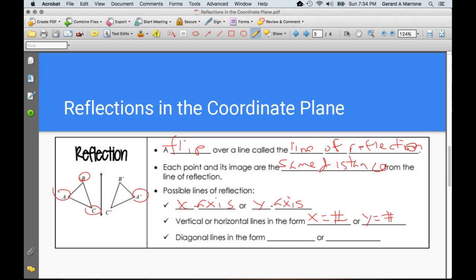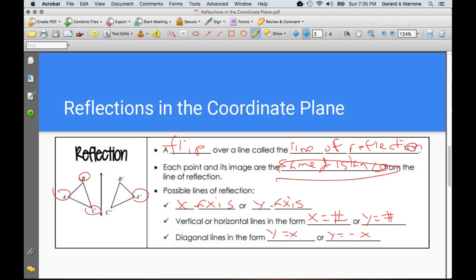And diagonal lines, normal linear functions such as y equals x or y equals negative x. The big key here is this same distance part. Whatever line we're reflecting over, the new point has to be the same number of spaces away from the line as our old figure.